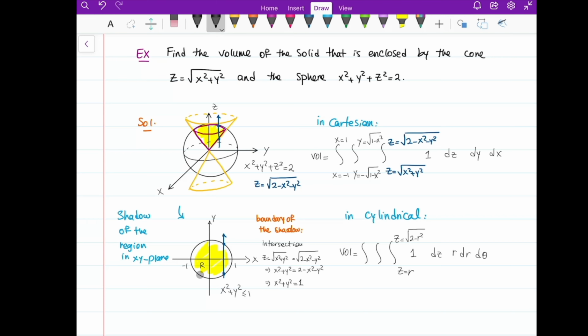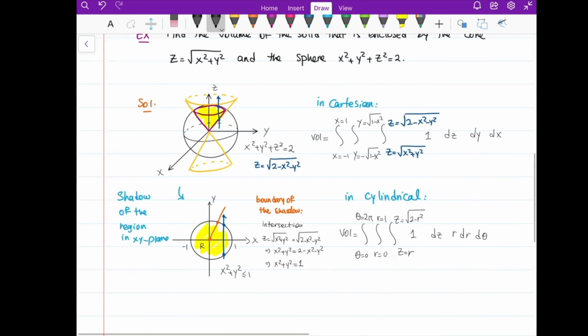The equation of the circle, transform it into polar. I'm gonna graph a ray in here. So r starts from 0 to 1, and to make the full circle, theta is from 0 to 2 pi. It's much easier, right? Now let me calculate this.